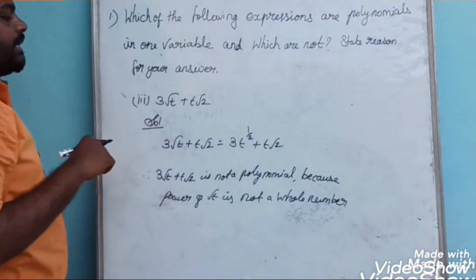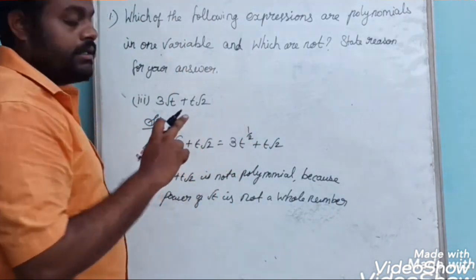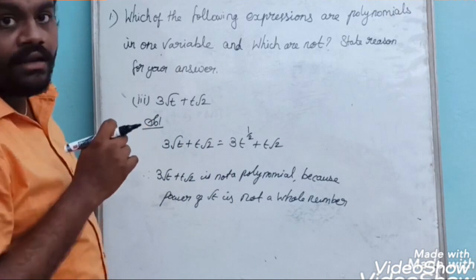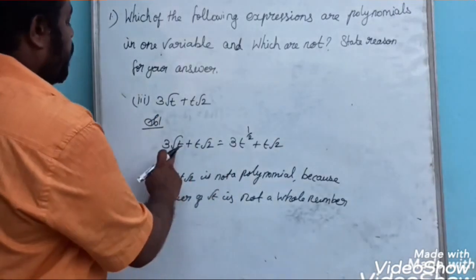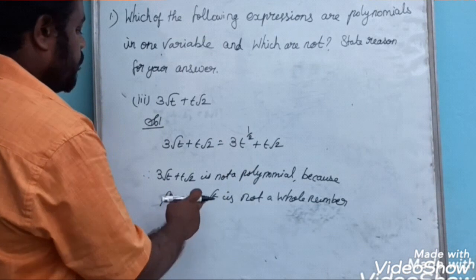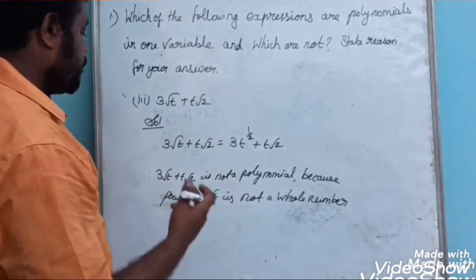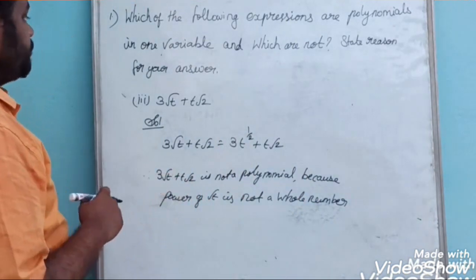Already I told that the power of the variable must be a whole number, not a fraction. The power of root t is 1 by 2, so it is not a whole number. Because of that, this is not a polynomial.